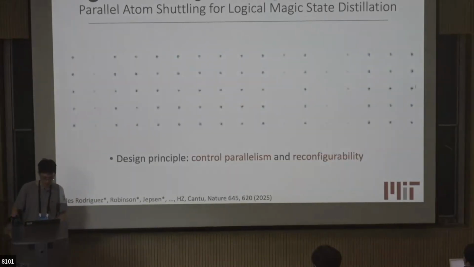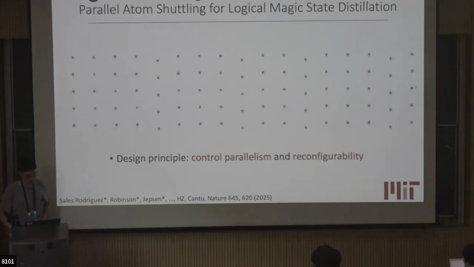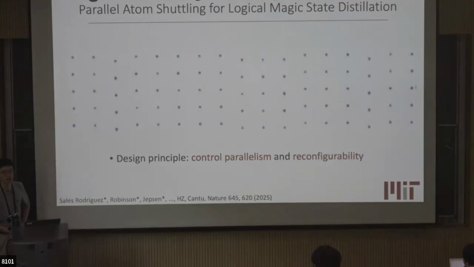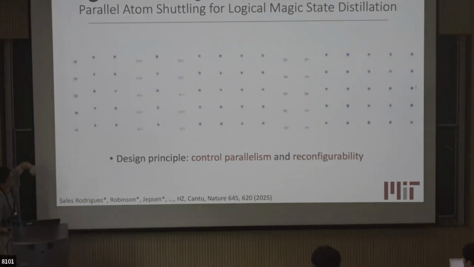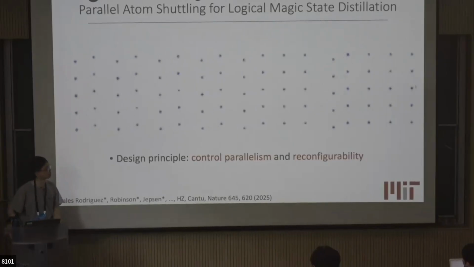One of the key features is that we want to design it in a way that has a lot of control parallelism and reconfigurability. So this is just an example experiment that I was involved in, in which we performed logical magic state distillation. Each of the rows that you see here is a logical qubit. What you saw here is the encoding circuit that is performed in parallel across all 5 logical qubits.